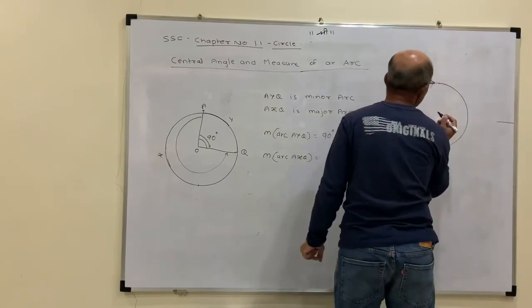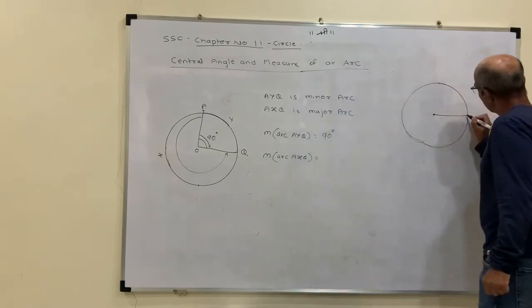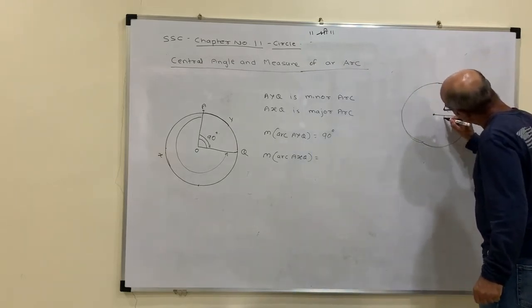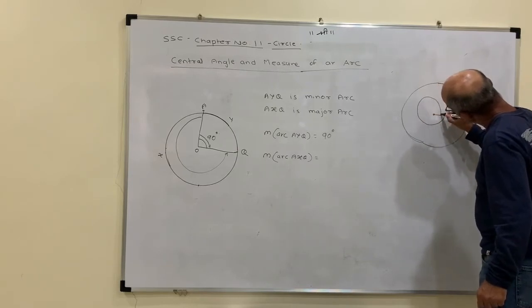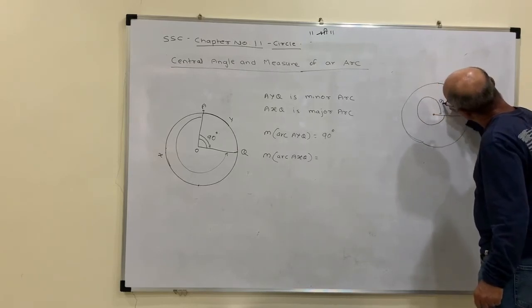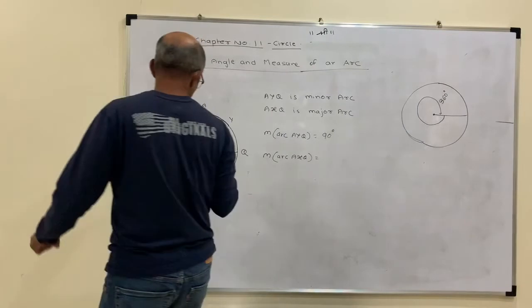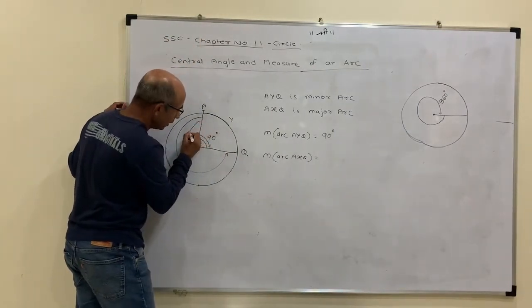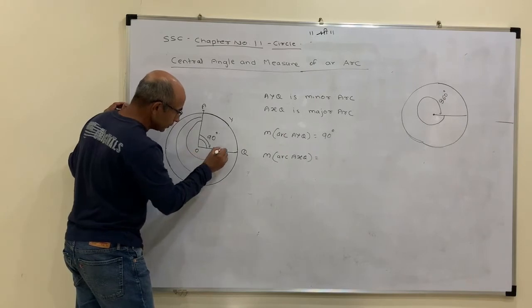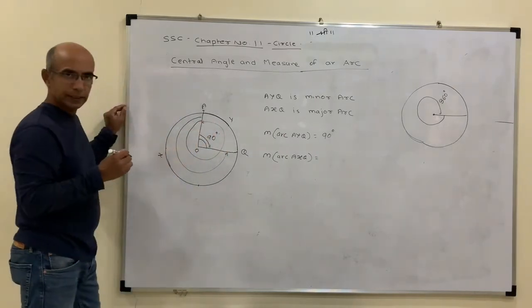So if this is my circle, from this point, the angle up to this point, the total angle is 360 degrees.